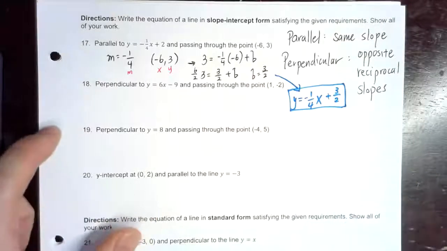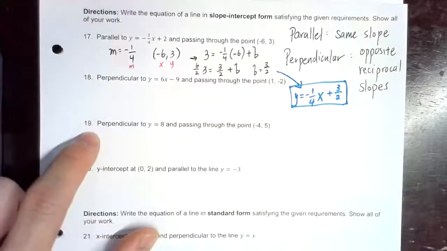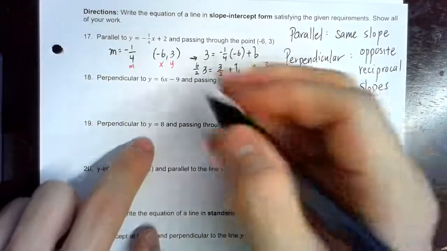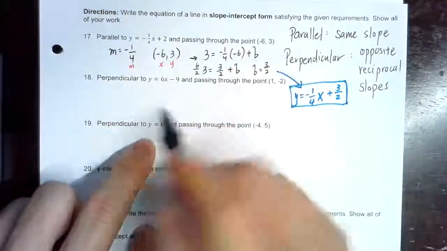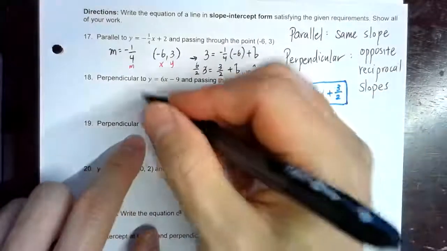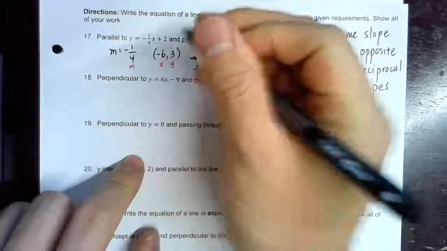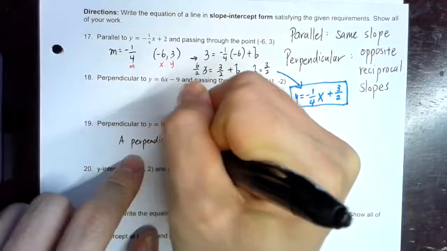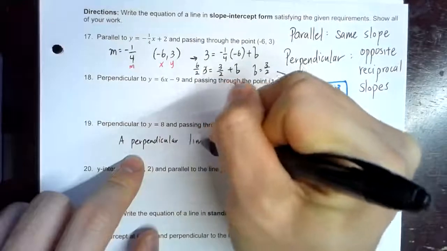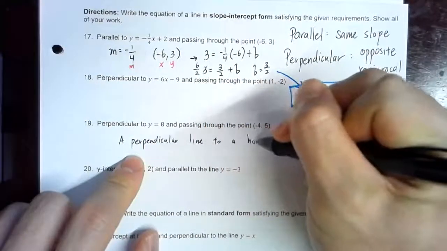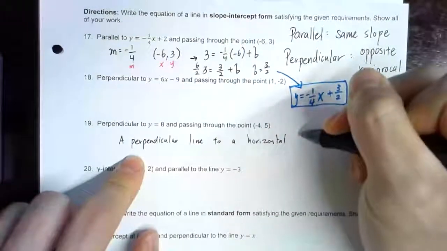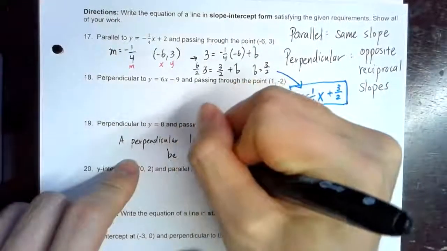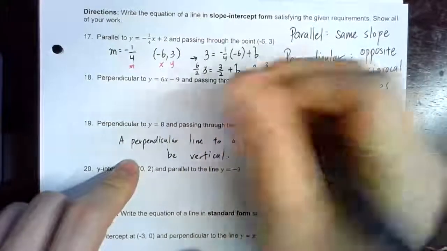Let's try something like number 19. It has to be perpendicular to a horizontal line. A line perpendicular to a horizontal line must be vertical.